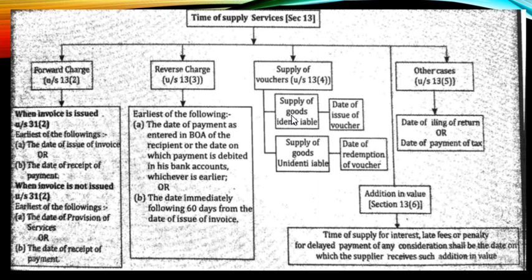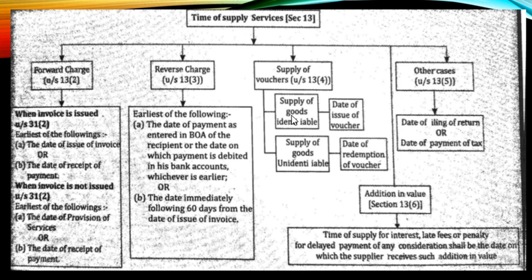So when the voucher is supplied to the recipient, the date of issue of voucher is the time of supply if the supply is identifiable at that point. Identifiable in the sense that the necessary components or elements to pay GST are available. If you want to pay GST, the goods should be identifiable, that is, what kind of goods, only then will you know what tax rate is to be imposed on it.